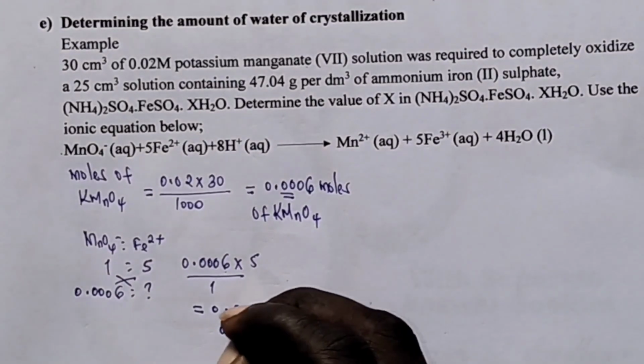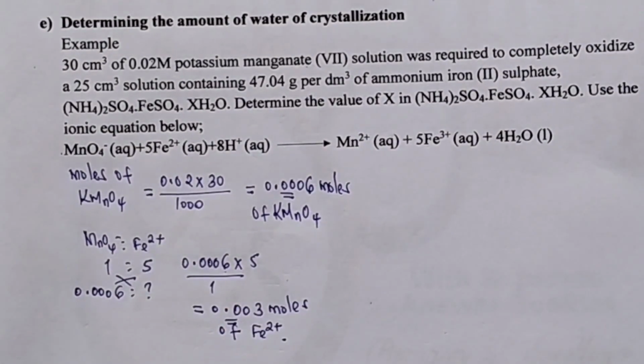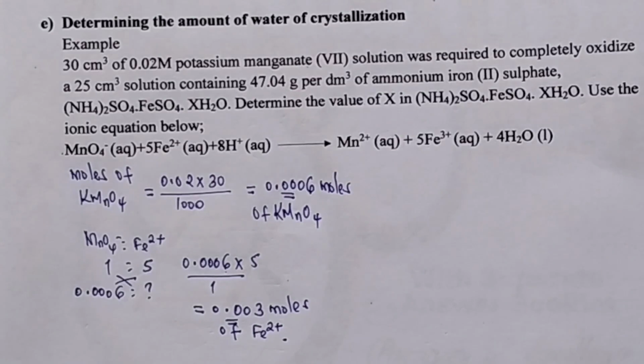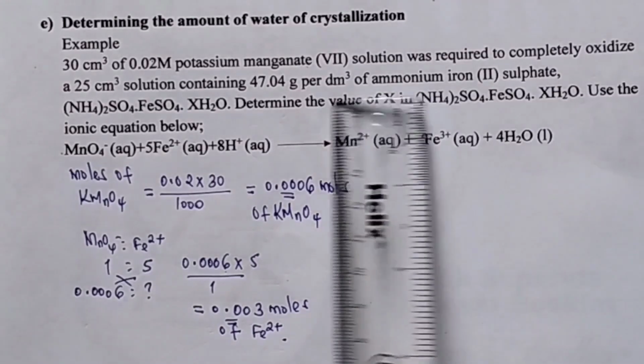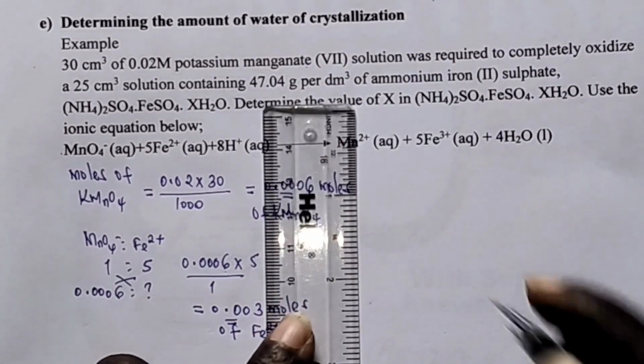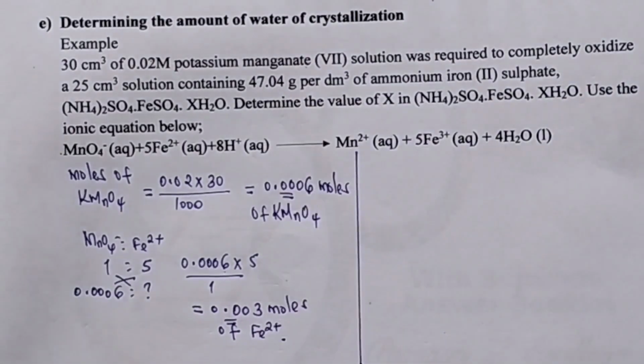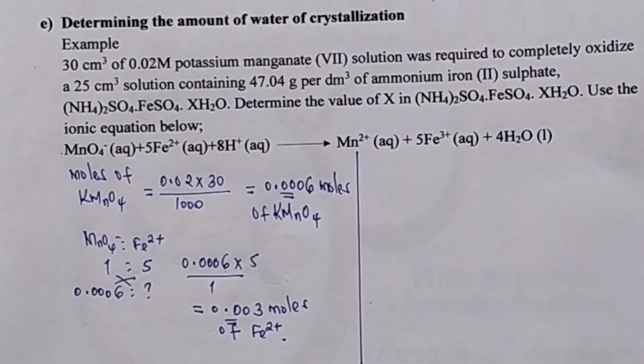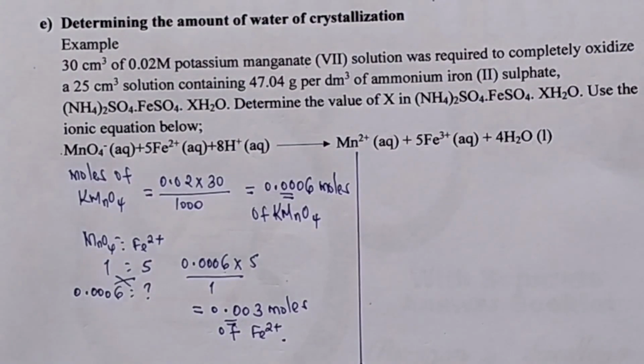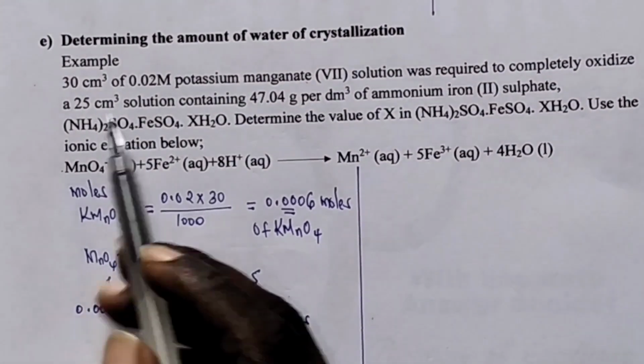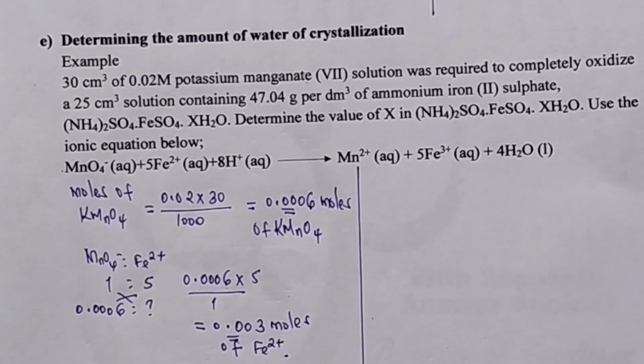So the next step, we have to get the molarity of ammonium iron(II) sulfate. How are we going to get it? Remember, we have gotten the moles. We can multiply it by 1000 divided by the volume. The volume is 25, we're having 25 cm³ there.